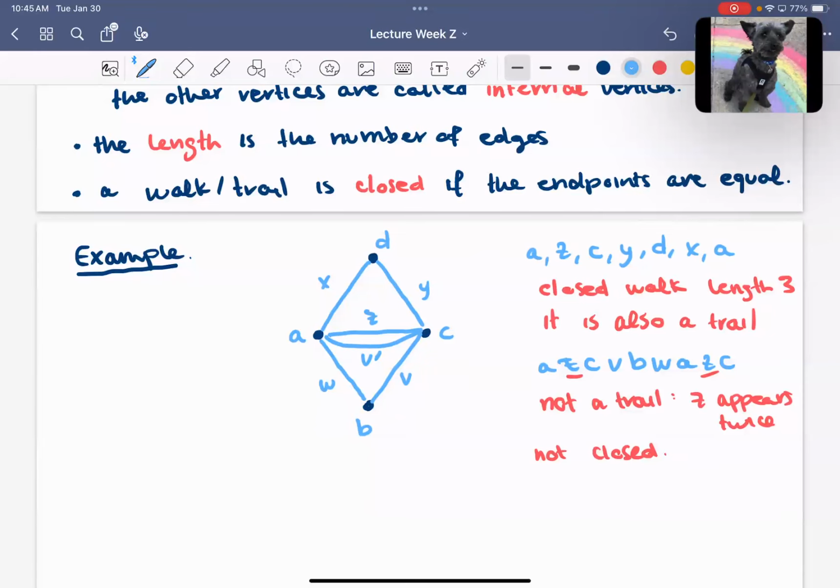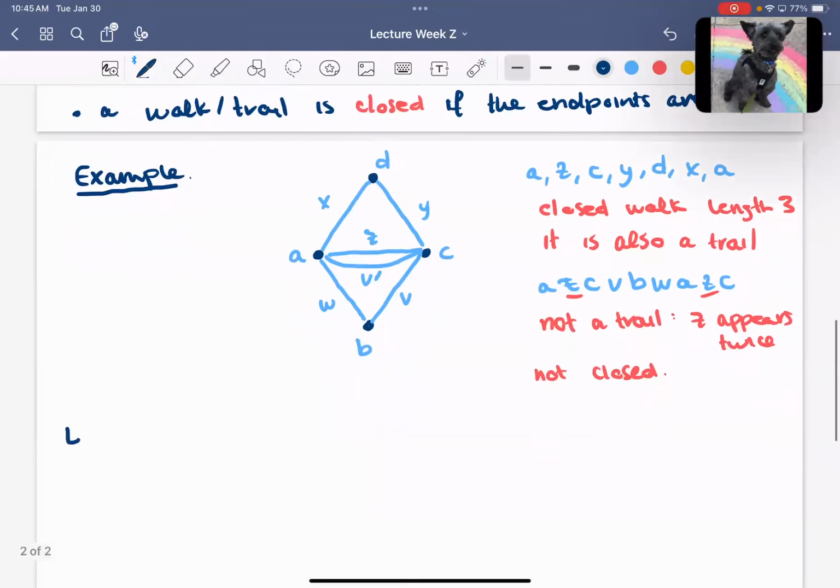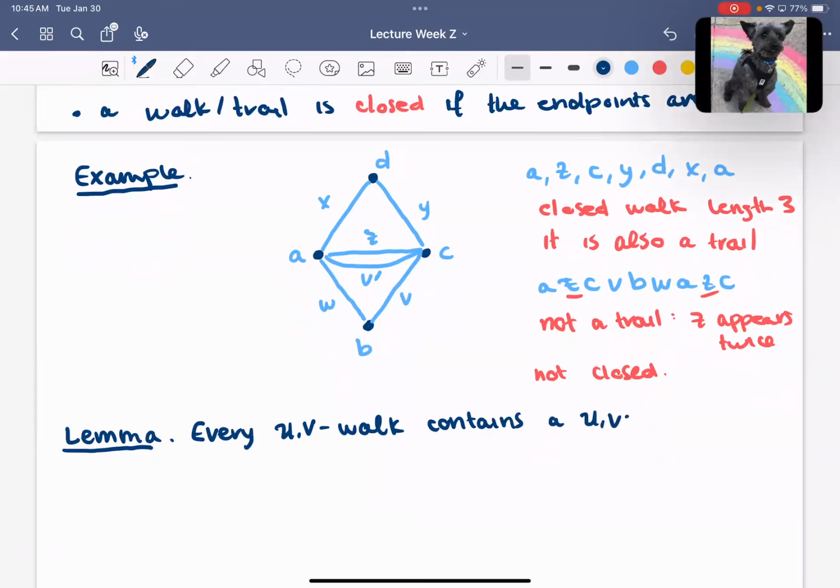Okay, so what we're gonna do is prove the following statement. We'll prove this lemma. It's going to say that every UV walk contains a UV path.